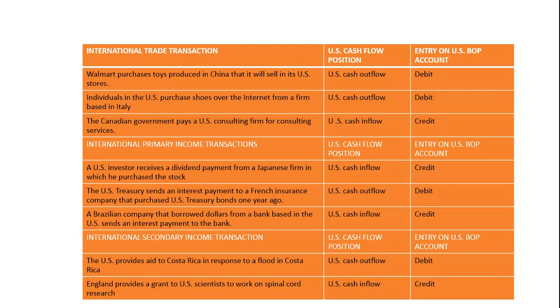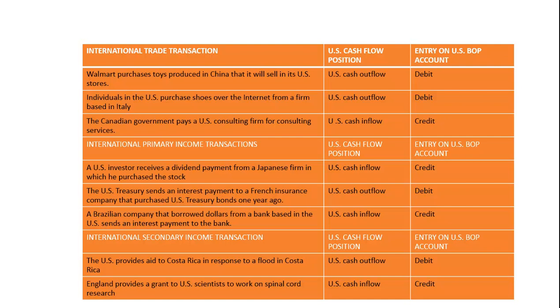If individuals in the U.S. purchase shoes over the internet from a firm based in Italy, this is also a cash outflow and would also be recorded as a debit on the balance of payments account. If the Canadian government pays a U.S. consulting firm for consulting services, then this is going to be a cash inflow because money is going to be coming into the U.S., and that would be a credit on the balance of payments account.